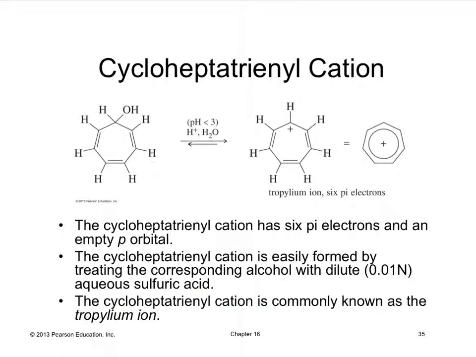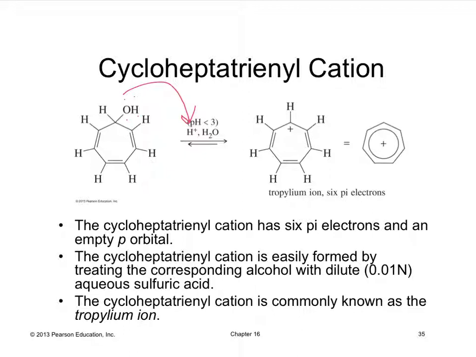The cycloheptatrienyl cation has 6 electrons and an empty p orbital. It is easily formed by treating the alcohol with dilute aqueous sulfuric acid, as shown here, in which case the electrons from the oxygen pick off the proton.